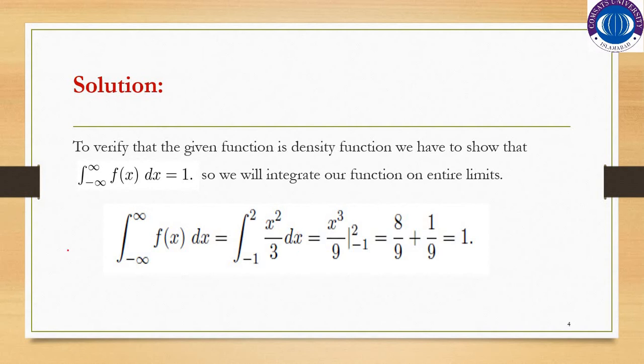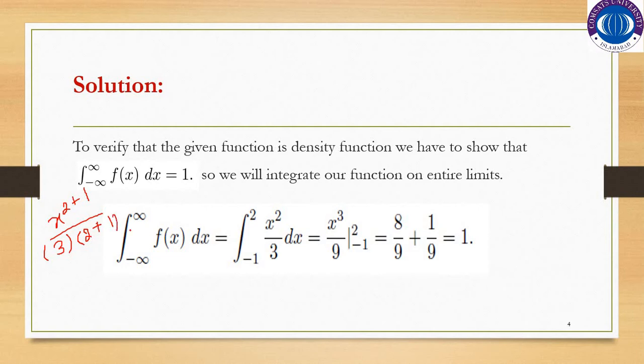When we integrate it, what we will get? x squared plus 1 divided by 3 into 2 plus 1.